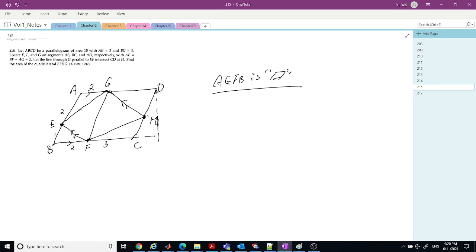So now let's do the height, right? H equal. So we know the parallelogram is 5 times the H equals 10. So we have the H equals 2. So this one equals 2.